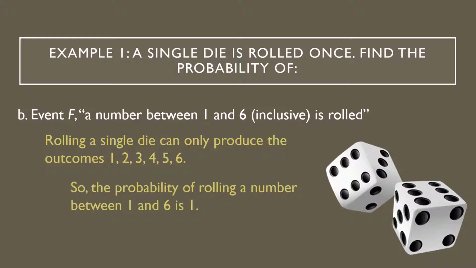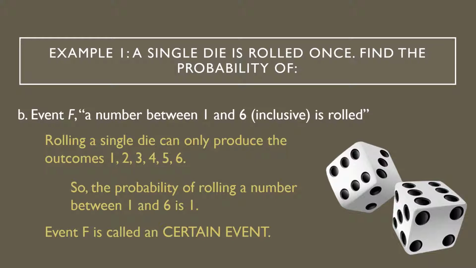So the probability of rolling a number between 1 and 6 is 1. And remember, I just told you this is called a certain event. This is the same thing as rule 2, which was what's the probability of the sample space. So 1 through 6 is the sample space. So the probability of rolling a number between 1 and 6 is 1, which is the same thing as 100%.